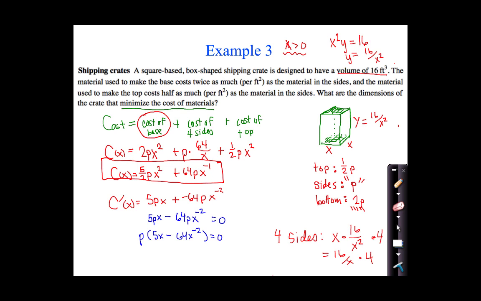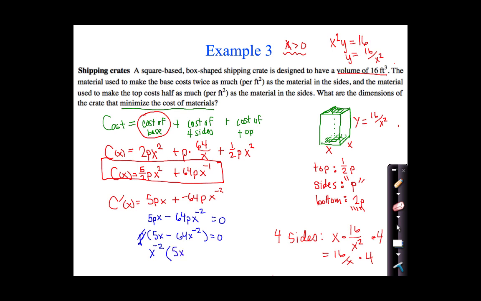But keep in mind that if two things multiply to make 0, then one of them has to be 0, and I bet it's not p. You're not getting free product. So it's this part that has to be 0. So we'll figure out what values x must have to make this equal 0. And again, you can either factor out the lowest power of x, x to the negative 2, which would get rid of this and give us x cubed here.